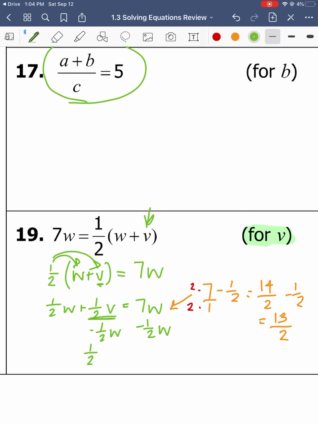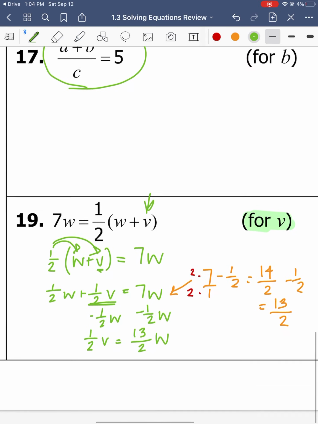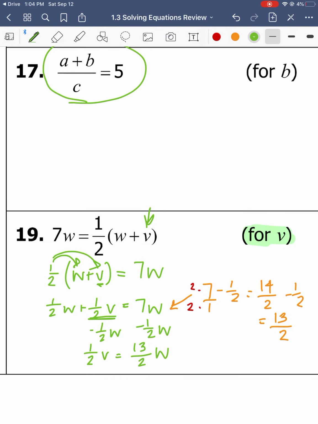So we're left with 1/2 v is equal to 13 halves w. Okay, I'm going to go a little bit off the page here. And then to undo this 1/2 being multiplied, we're just going to multiply by 2 over 1, the reciprocal, which is just 2. And then we'll multiply by 2 over 1 on this side.